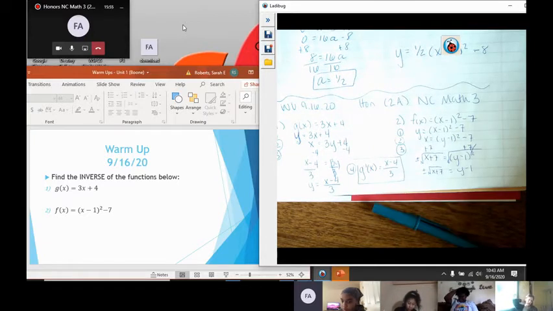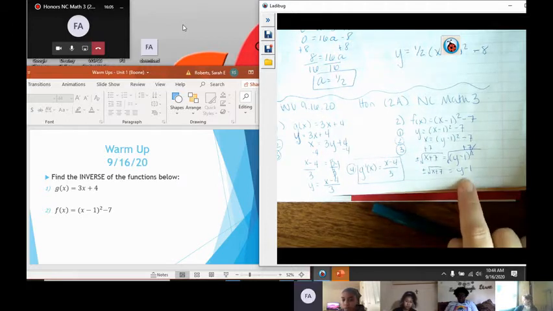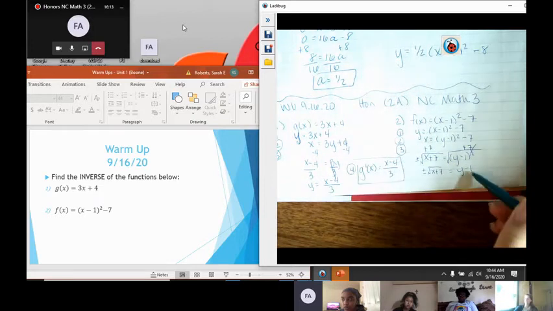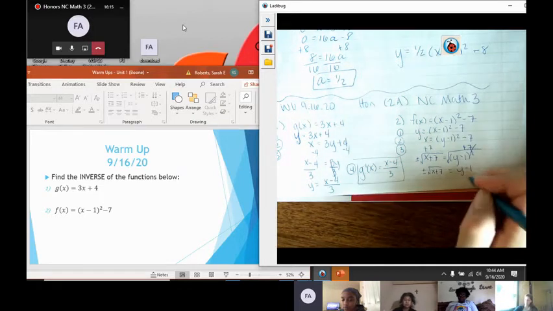How do I get y all by itself? What operation is going on between y and 1? Subtract. Yeah, subtraction is going on, so we do the opposite of that, which is adding.